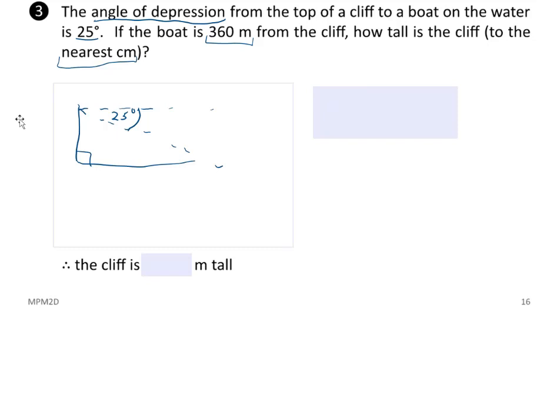We're just measuring how tall the cliff is, so it's just a straight line up and a straight horizontal line to our boat, which I'll draw a happy little boat there. There we go. And we know the boat is 360 meters away. So 360 meters. Okay, nearest centimeter is the only thing that I'm missing really from here. I need to figure out how tall this is. And the nearest centimeter would mean 2 decimal places.